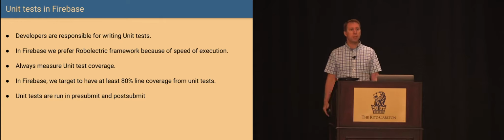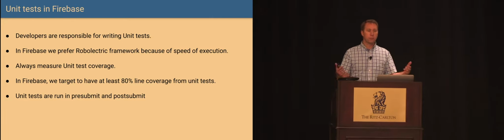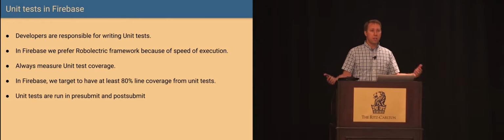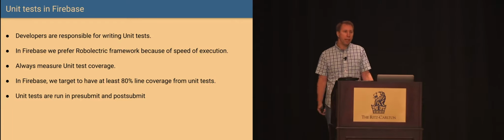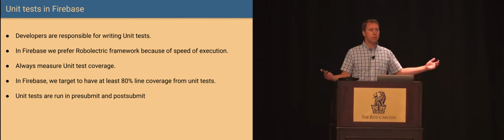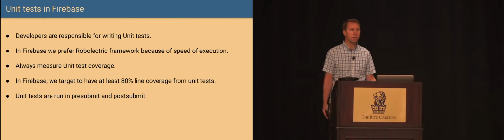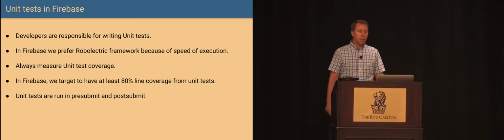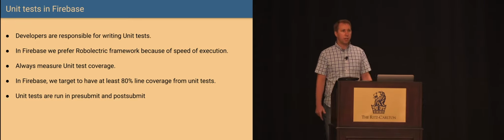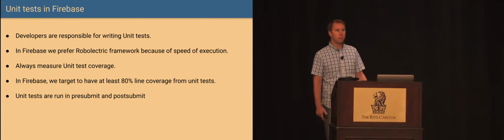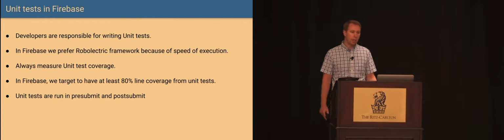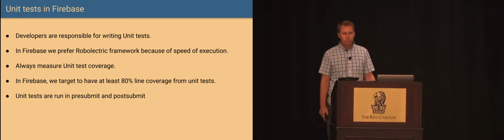One key point is that you always want to measure test coverage. Because if you don't measure things, you can't improve them. And if you don't know what your test coverage is, you don't know what level of confidence you can get out of your unit tests. In Firebase, and I think it's applicable to Google in general, we target at least 80% line coverage from unit tests.